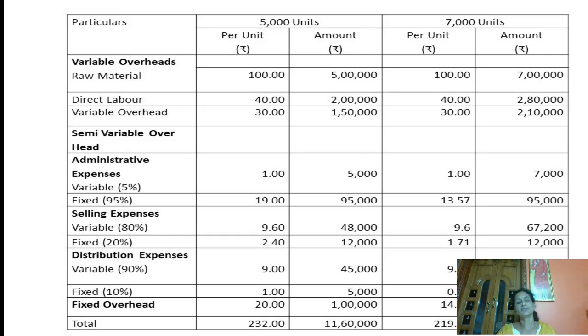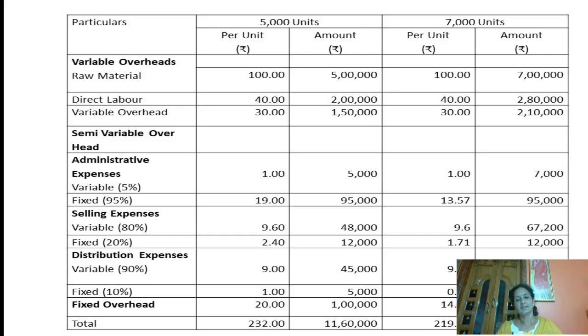When you divide this 1 lakh by 5,000, per unit cost will be 20. That you have to divide. Similarly, you can divide the amount 1 lakh by 7,000. You will get the per unit cost.